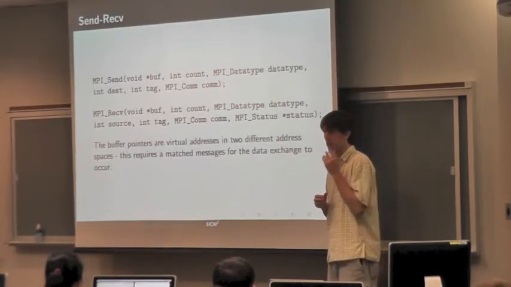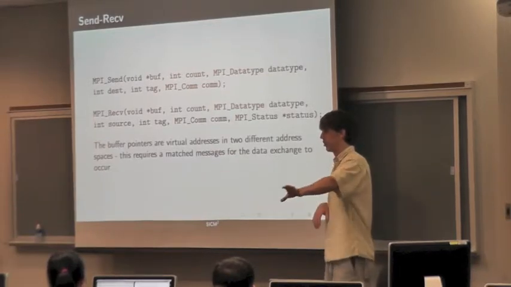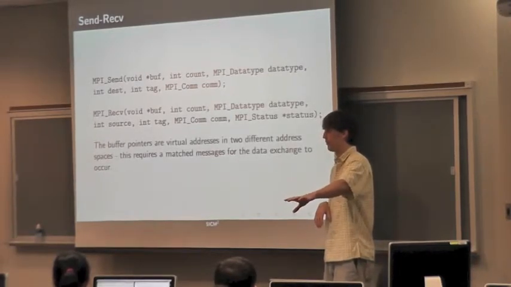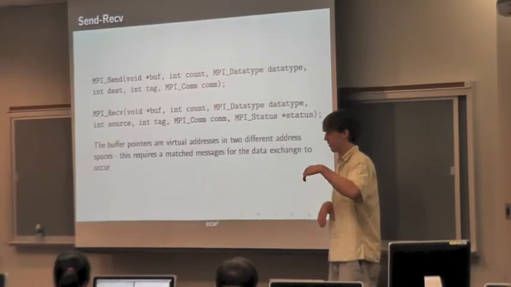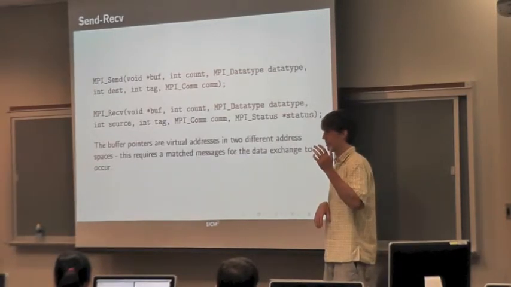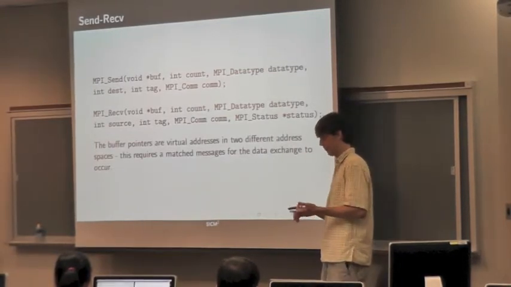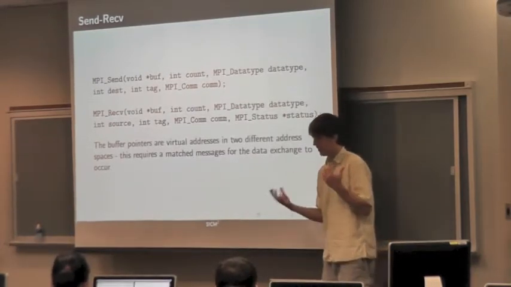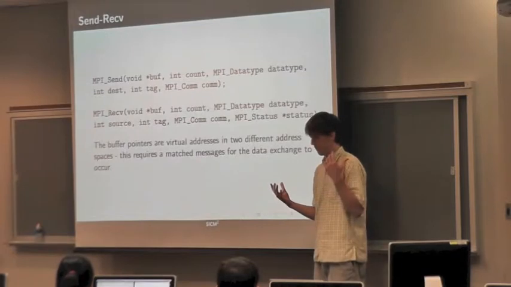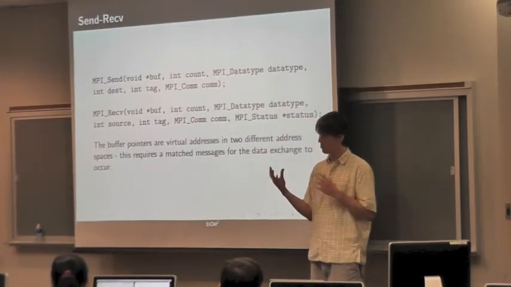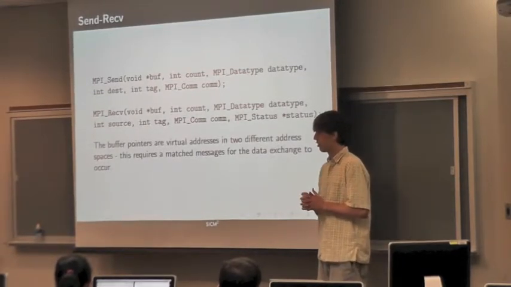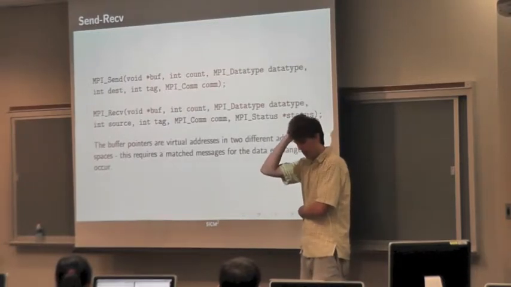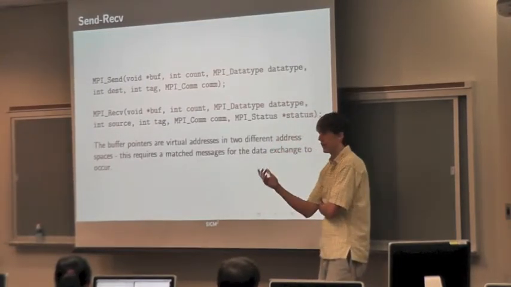Send and receive have long historical precedence, long before MPI. There's send and receive in almost any communication layer, in TCP, and the thing is they're two-sided. And they're almost symmetric. One way I try to think about this is send and receive is sort of like a telephone call.